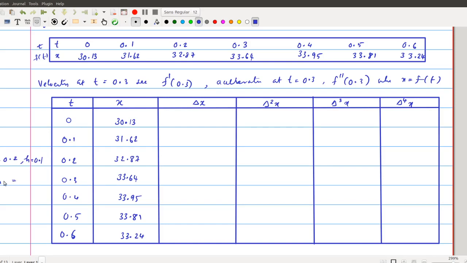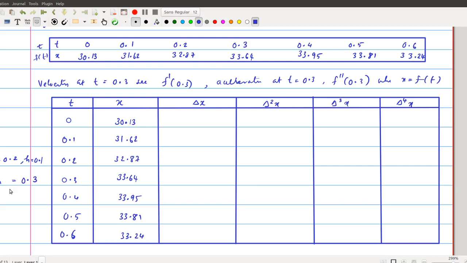Then this will be a plus xh. So what is a plus xh? A plus xh will be 0.2 plus 0.1. Instead of x we have a plus th, so that will be 0.3. So that is the identification.